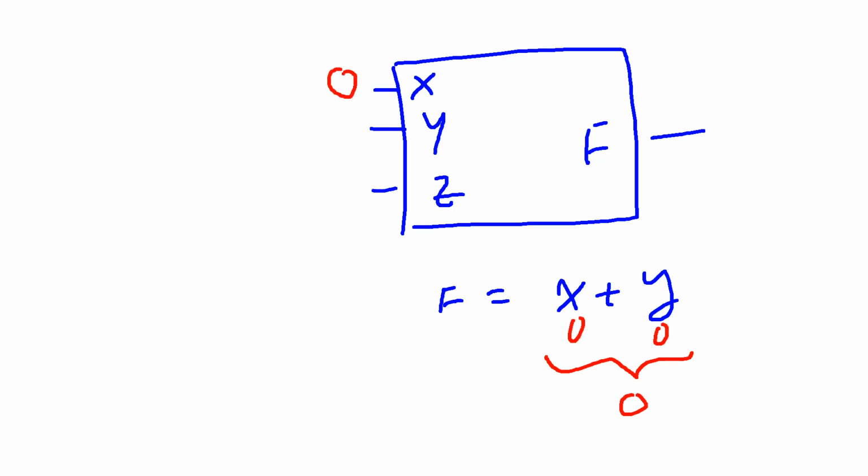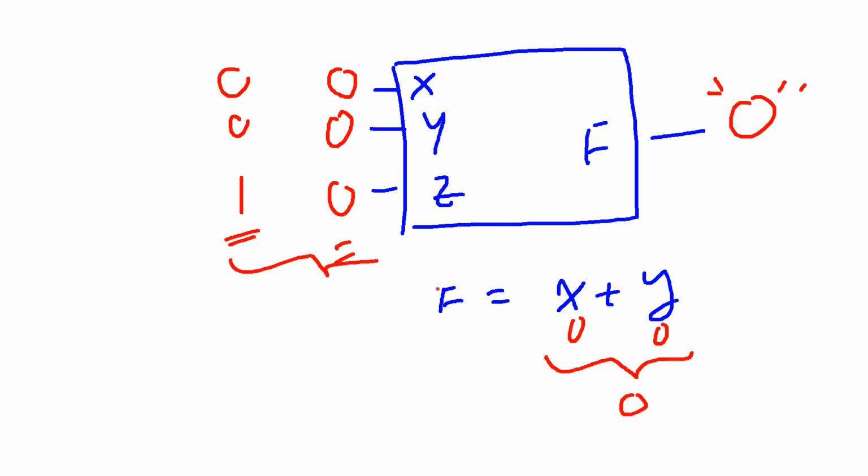It doesn't depend on the value of z, but when you apply values into this circuit, you must apply a value of z also. That means you must apply 0, 0, 0 or 0, 0, 1. So there are two cases that make the function 0. Is this term a max term or not? No, it's not a max term, because there are two combinations, two cases, that make the function 0.